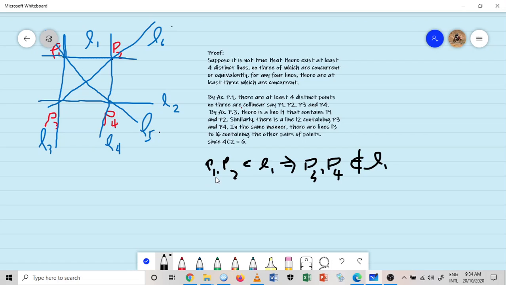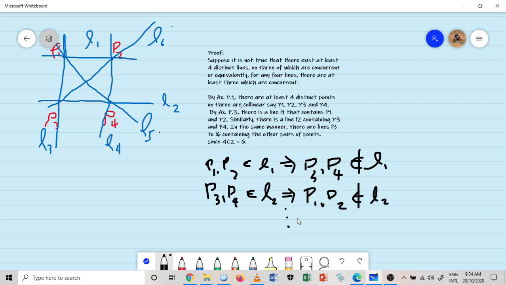In the same manner, we can say that since P3 and P4 are on L2, this would mean that the other two, P1 and P2, cannot be on L2 anymore, and so on.